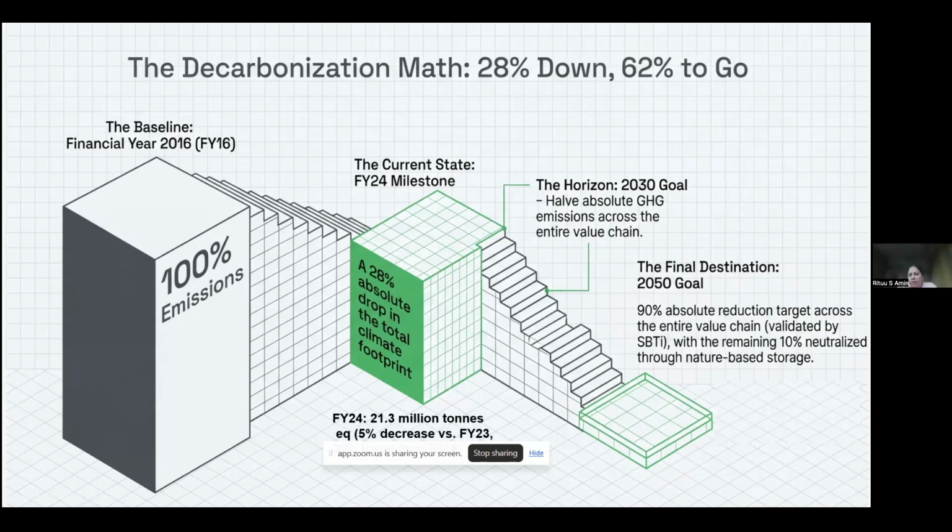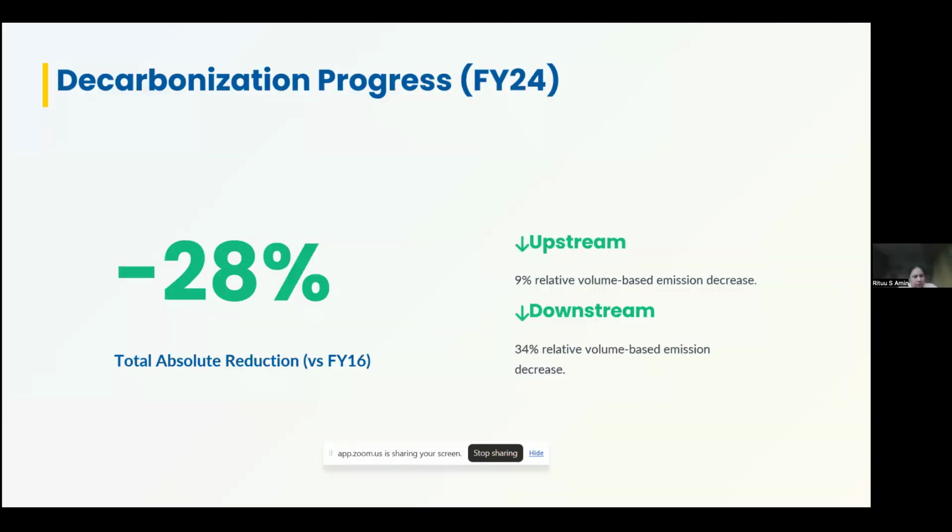And by 2030, they aim to halve absolute emissions across the entire value chain. So yeah, 28% total absolute reduction, upstream and downstream. Upstream 99%, and downstream 34% relative volume based.